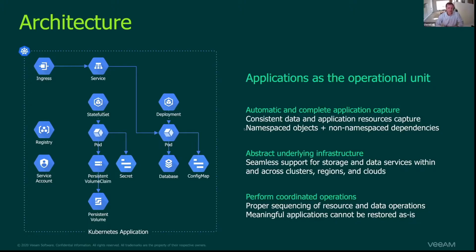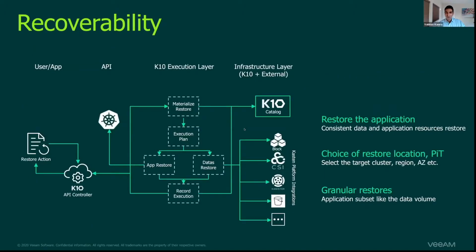With containers and Kubernetes, we have all these different components. So being able to protect those components and build out a mapping of that so we can recover them is critical from a best practice perspective.